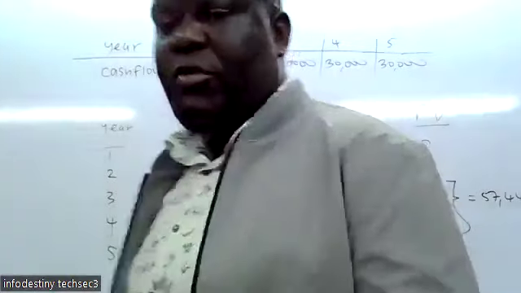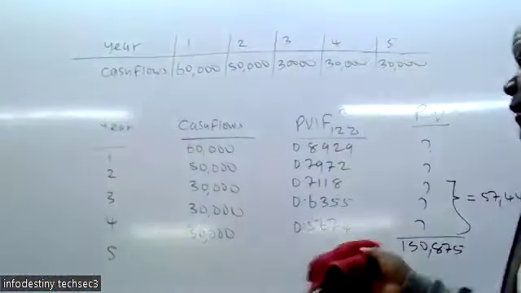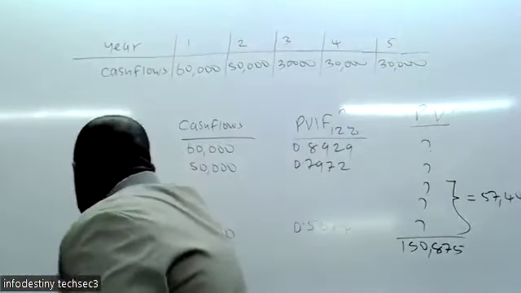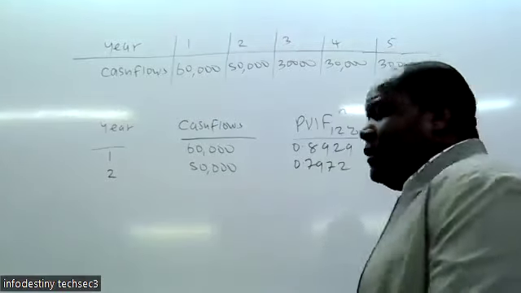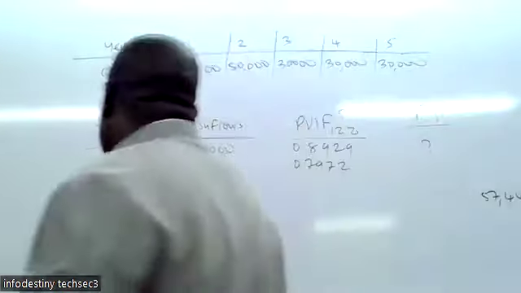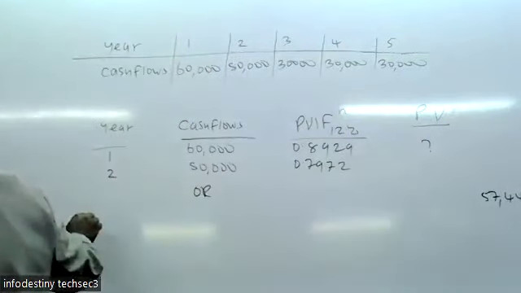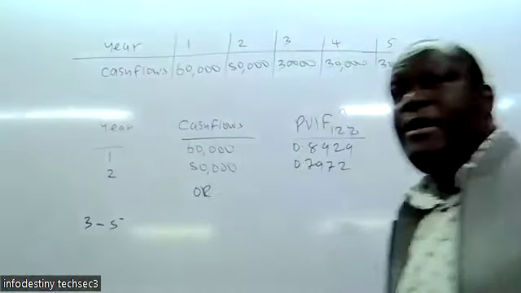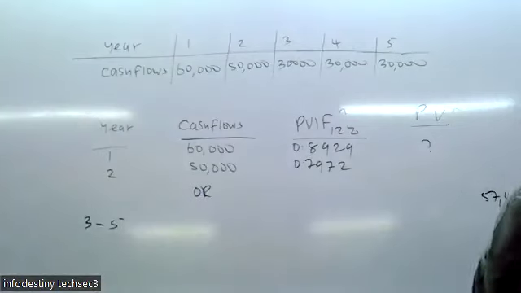So I want to show you how to use the second table now to get the same figure for year 3 up to year 5. I'm only confirming how to get for year 3 up to year 5, because those cash flows are the same.